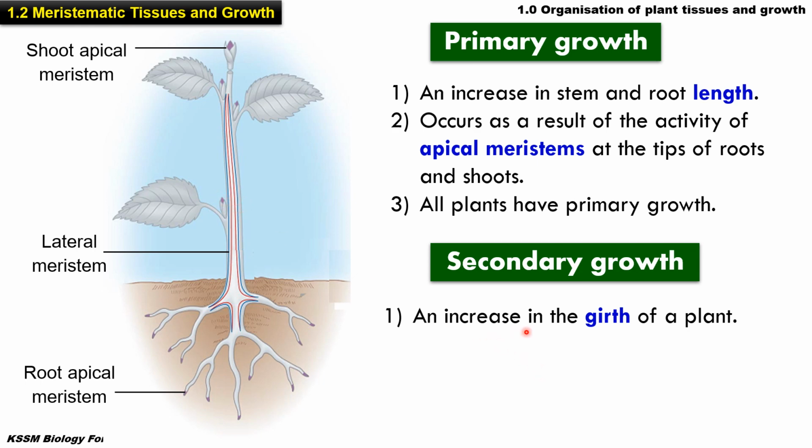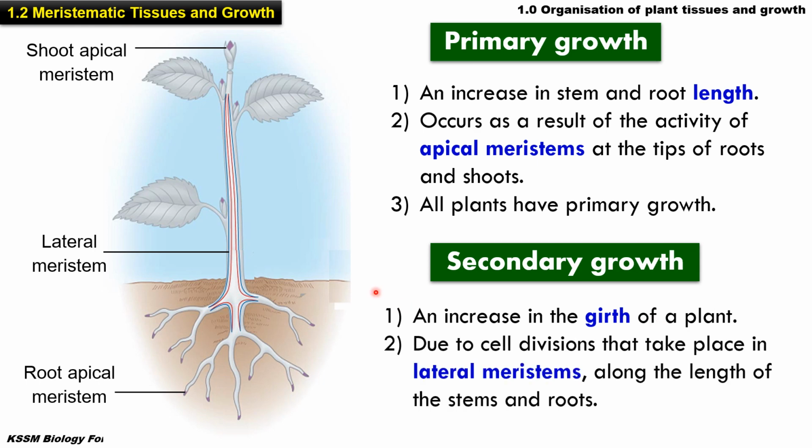It increase in the girths of plants. For the primary growth, it's because of the apical meristem activity, which is mitosis. So, mitosis tu berlaku, so sel banyak, so dia akan bertambah panjang, tinggi.